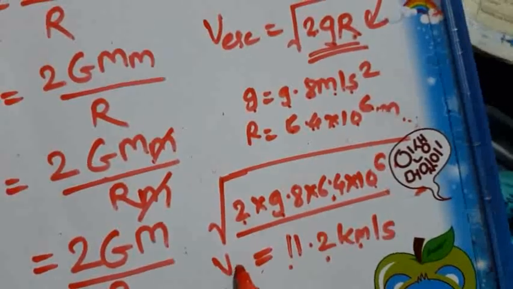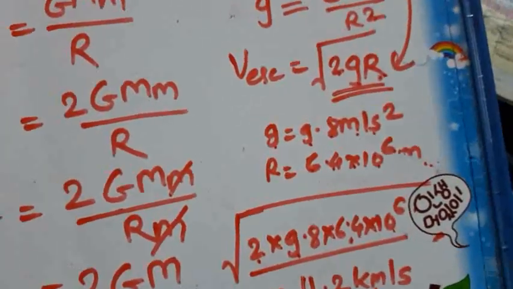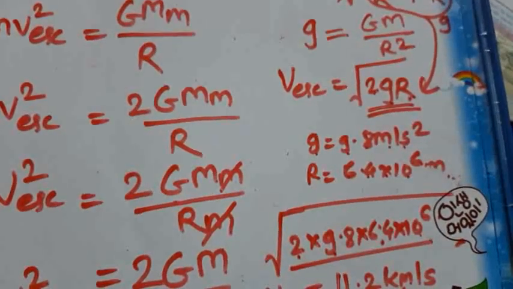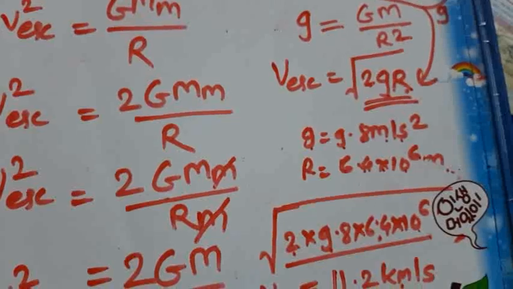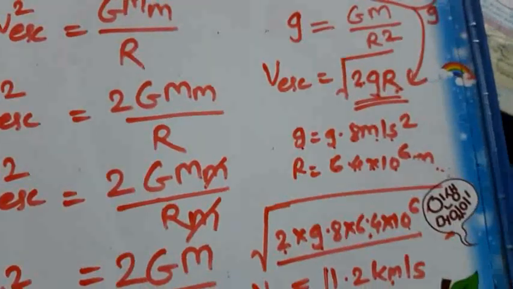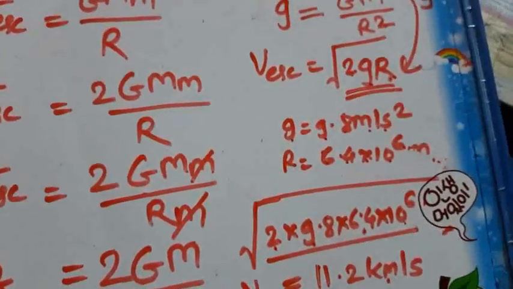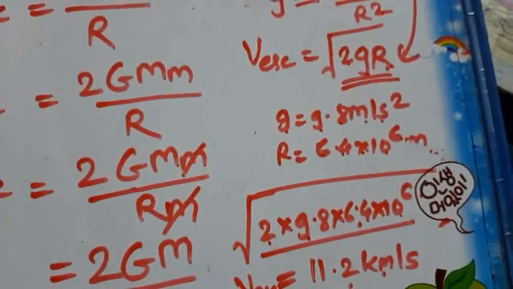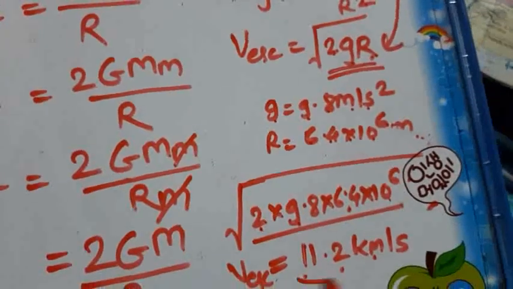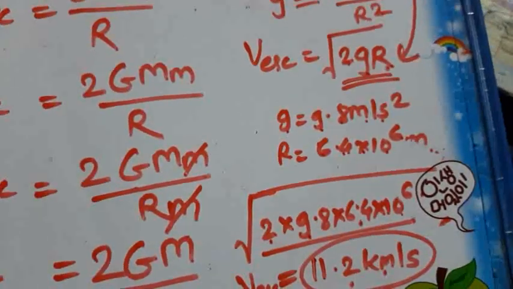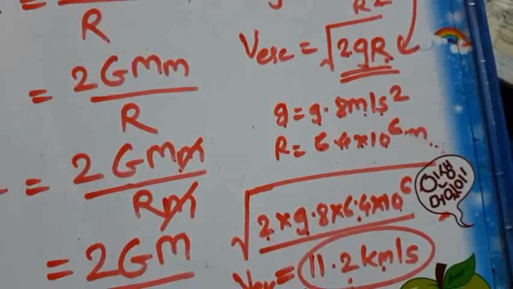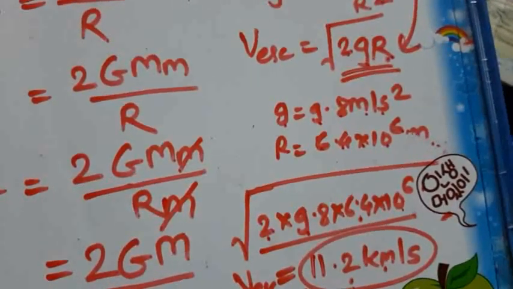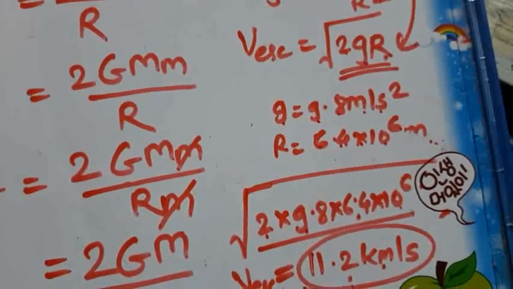That is the value of V escape. So spacecraft which we are sending to the moon or other planets have to have their initial velocities larger than escape velocity, that is, larger than this value, so that they can overcome Earth's gravitational attraction and can travel to these objects.